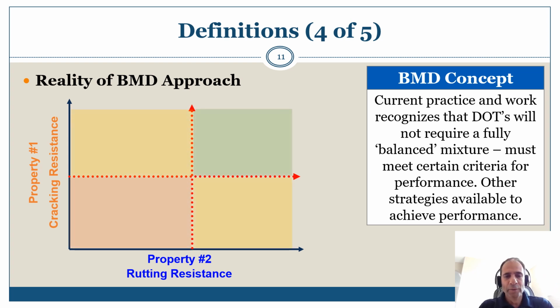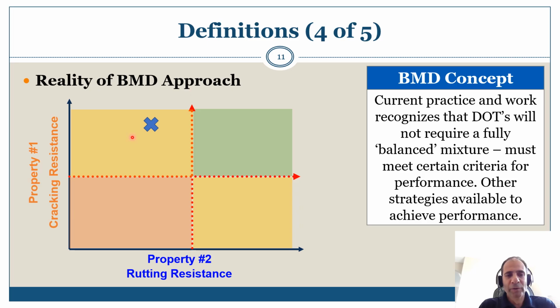So what you're seeing over here, the green area, is where I really want to be, where I have an acceptable cracking and acceptable rutting resistance. The red, what you see over here, is where you don't want to be because obviously you're failing both cracking and rutting. The yellow zones is where you're passing one property but failing the other property.